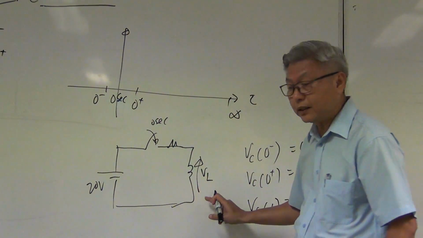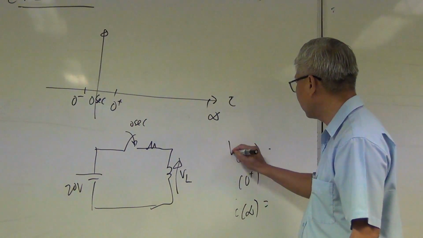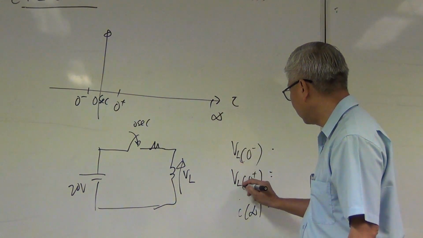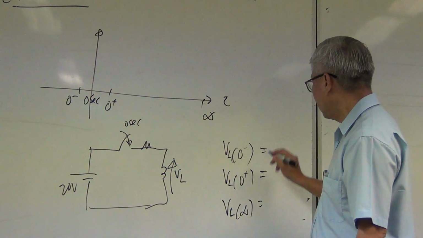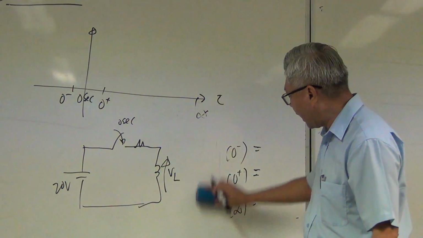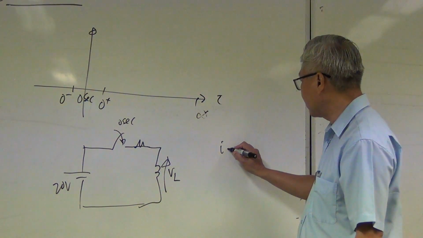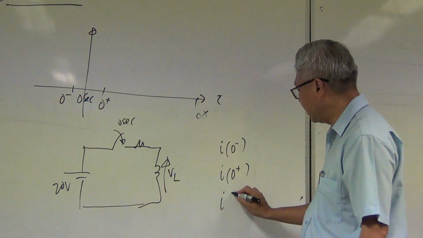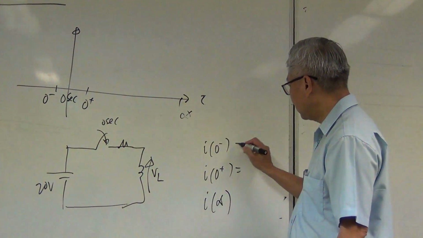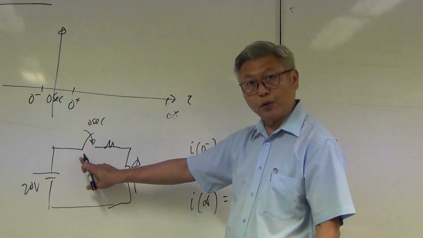Now let's talk about the inductor, and its current. The current in the circuit: current at 0 minus, current at 0 plus, and current at infinity. Before the switch was closed, there's no current, right?